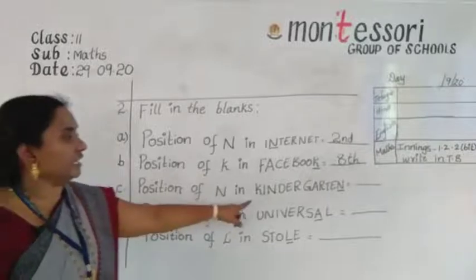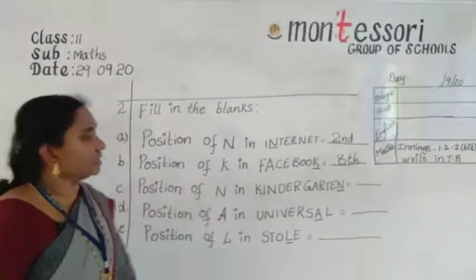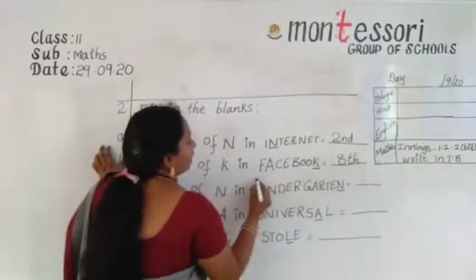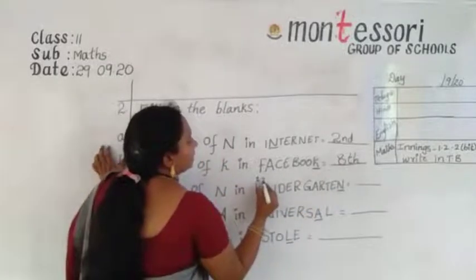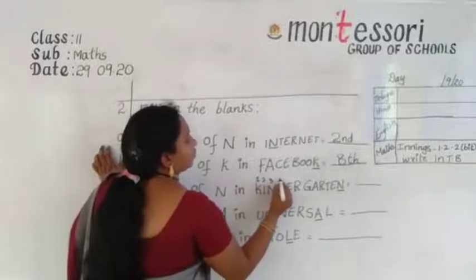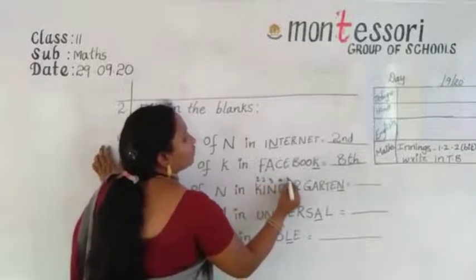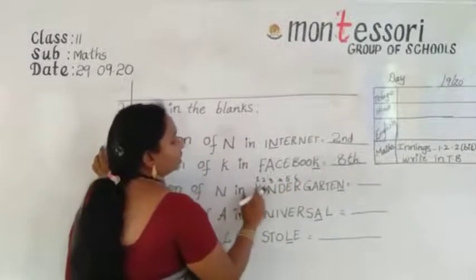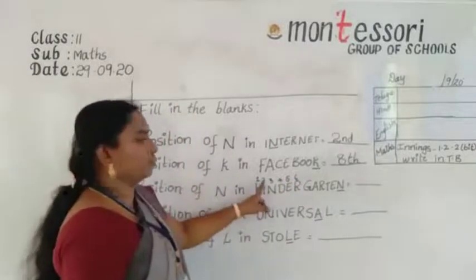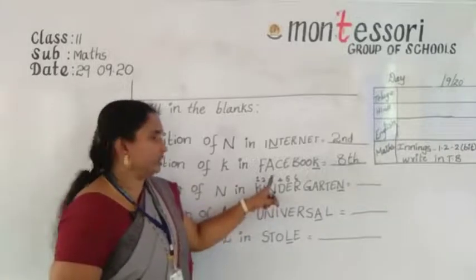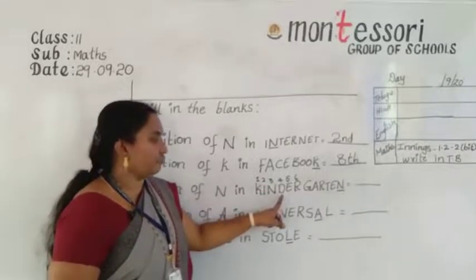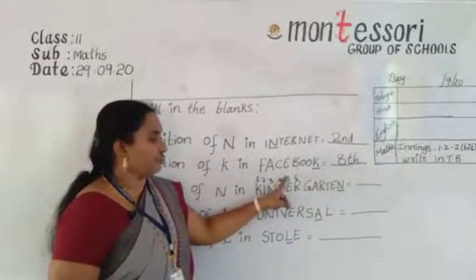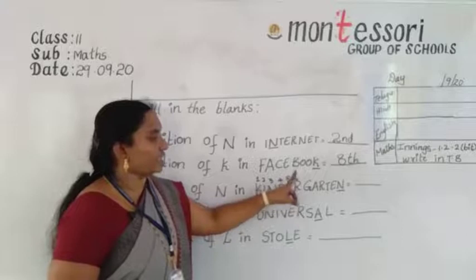Now in kindergarten, look at the board, the position of n. We find first, second, third, fourth, fifth, sixth. K in first position, I in second, N in third, D in fourth, E in fifth, R in sixth.